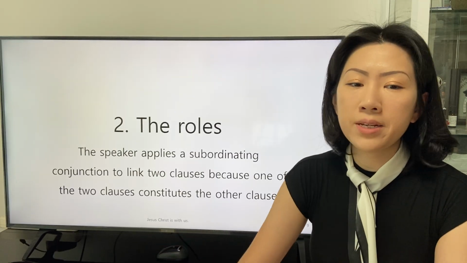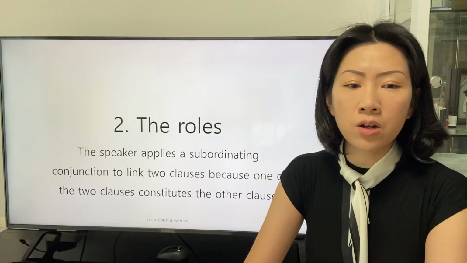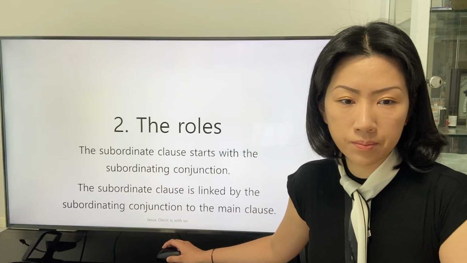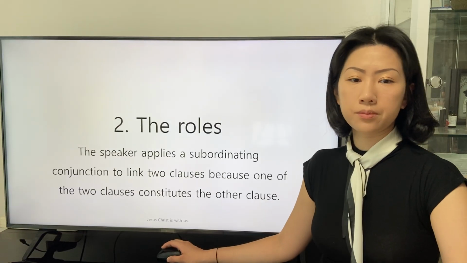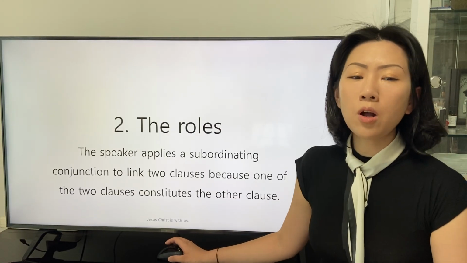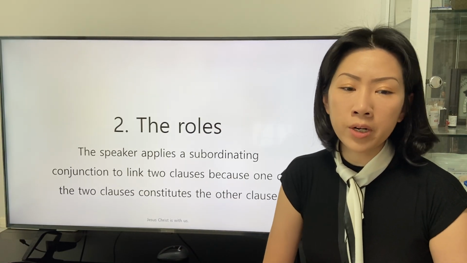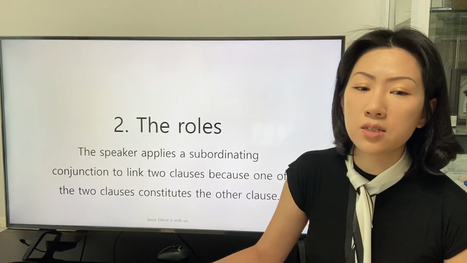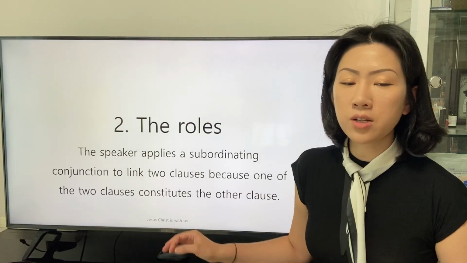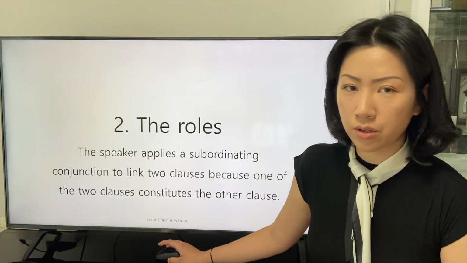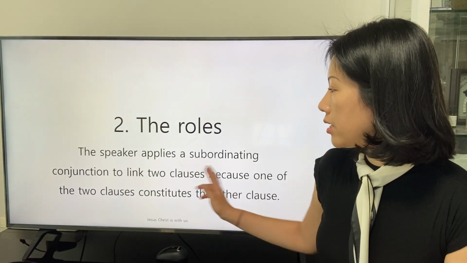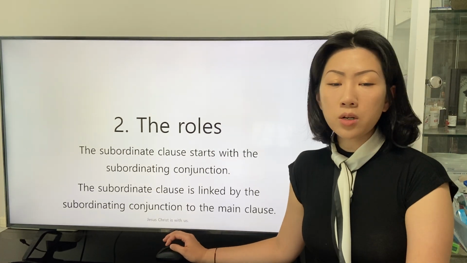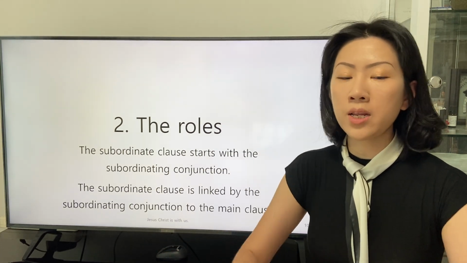The speaker applies the subordinating conjunction to link two clauses because one of the two clauses constitutes the other clause. This is the explanation of a subordinating conjunction. The subordinate clause starts with the subordinating conjunction.